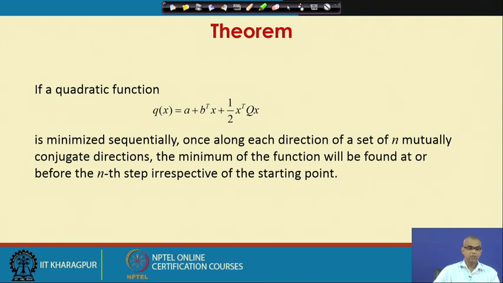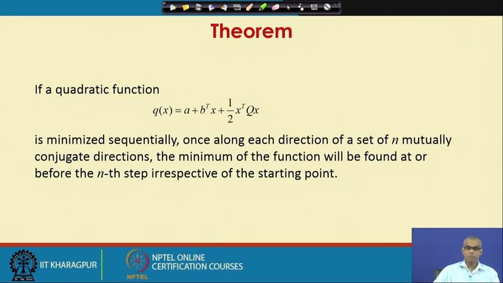Let us just mention this theorem. If a quadratic function q x equal to a plus b transpose x plus half x transpose q x is minimized sequentially once along each direction of a set of n mutually conjugate directions, the minimum of the function will be found at or before the nth step irrespective of the starting point.